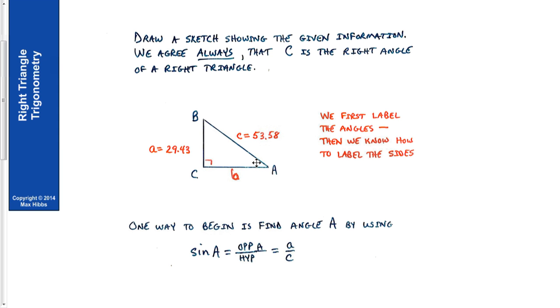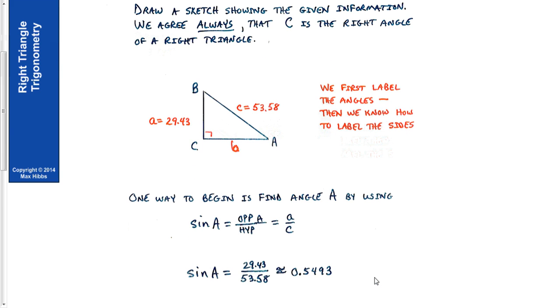The known information is the side opposite A and the hypotenuse. That makes me think, oh, the sine of A is opposite of A divided by hypotenuse. Those are the two pieces that we know. That is a perfect setup for us.